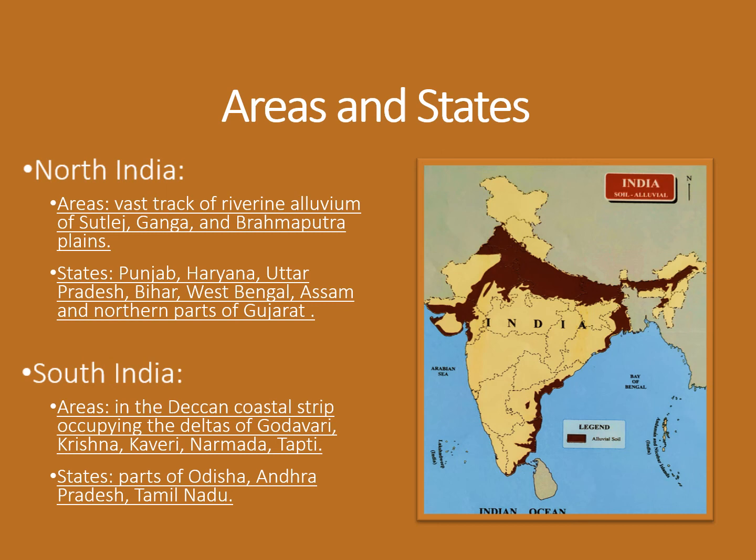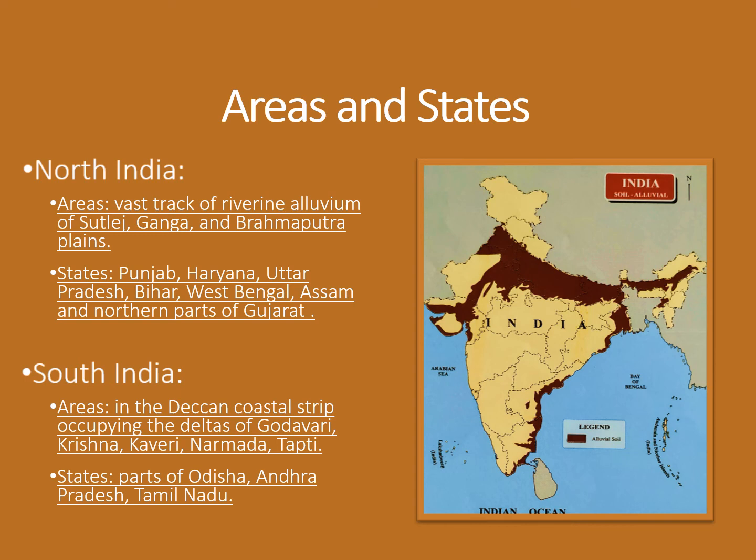Have a look at the map now. Dark chocolate color is used to show the area having alluvial soil. It is mostly found in the northern plains stretching from Punjab in the west to Assam in the northeast and a northern part of Gujarat.